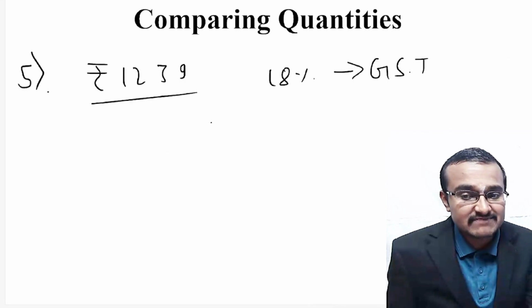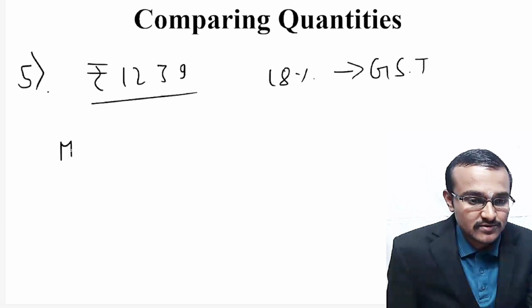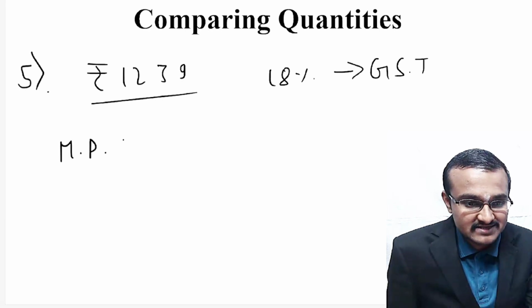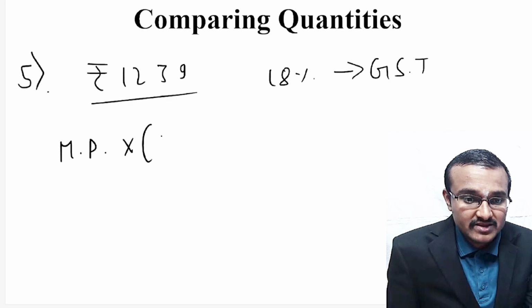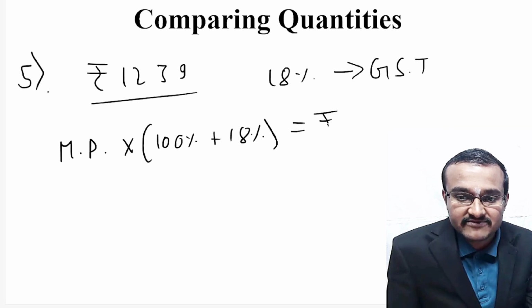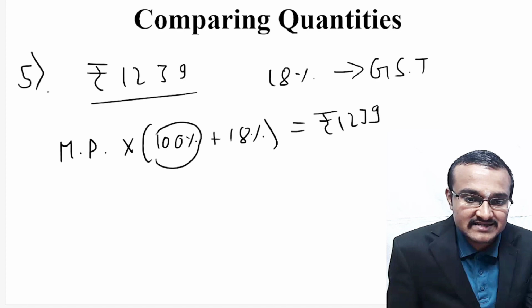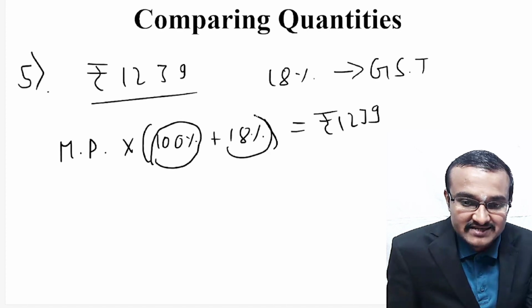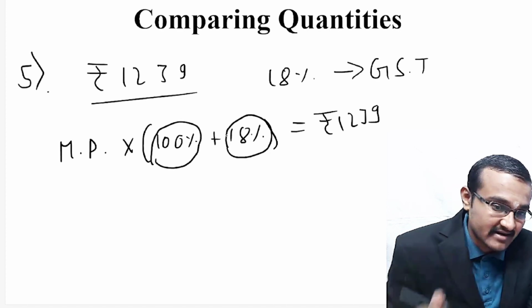So here 18% GST is there. This market price into the 100% of market price plus 18% GST gives you 1239. Here 100% is the market price and 18% is the GST which is added for that market price.